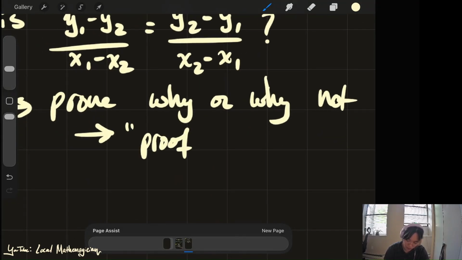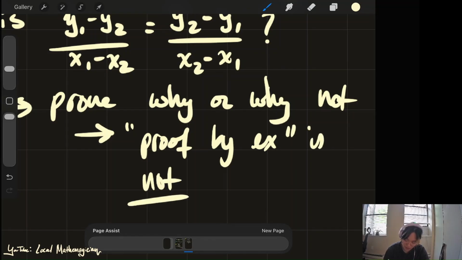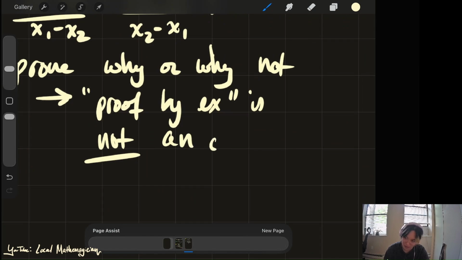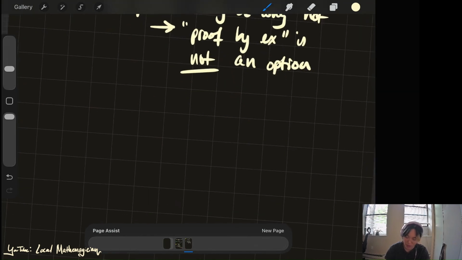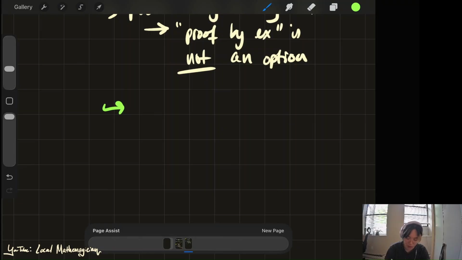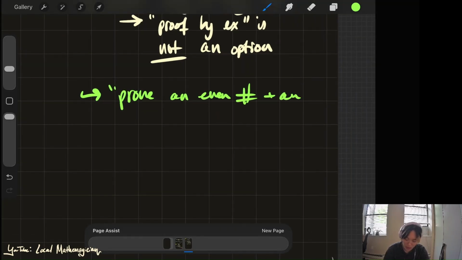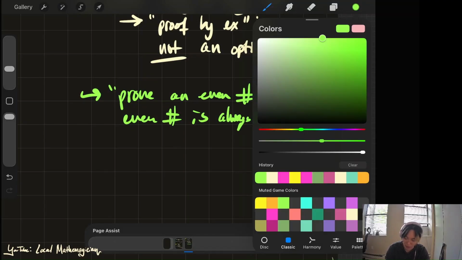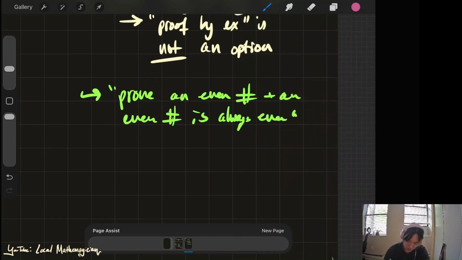Proof by example is not an option. Okay? So what I mean by that is, if you say, for example, prove an even number plus an even number is always even, and my solution is 2 plus 4 equals 6. 6 is even.